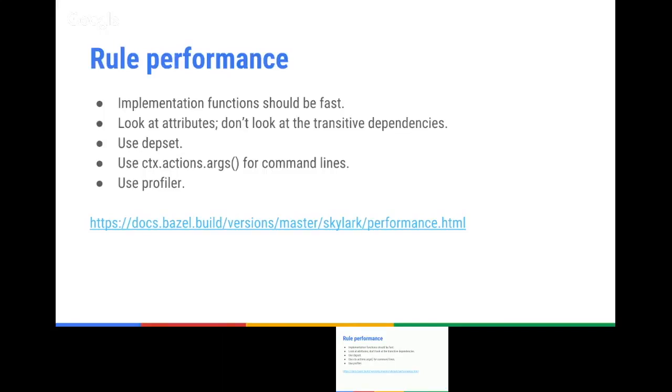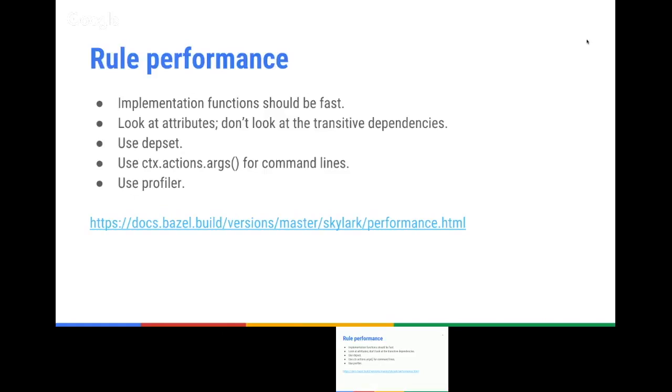But you still need to generate your command line. And so if you use ctx.actions.args, it's just a lazy data structure that will get expanded in the execution phase. So you don't expand the depset during the analysis. You only do it in execution, if you really need to execute this action.